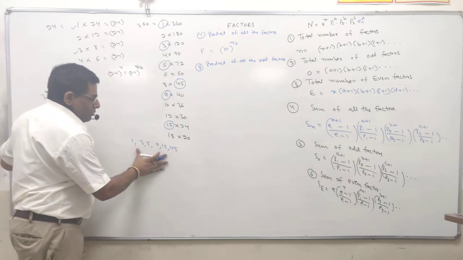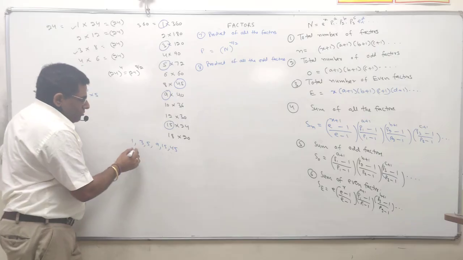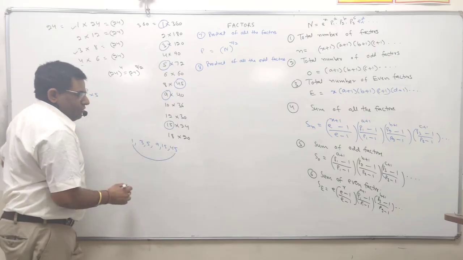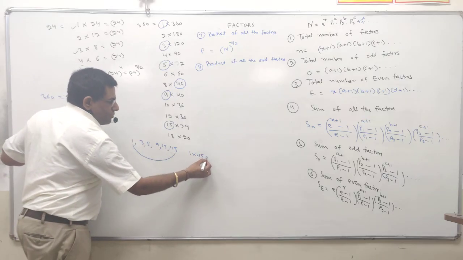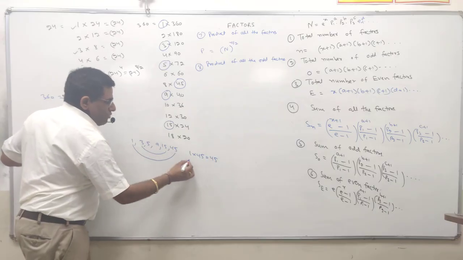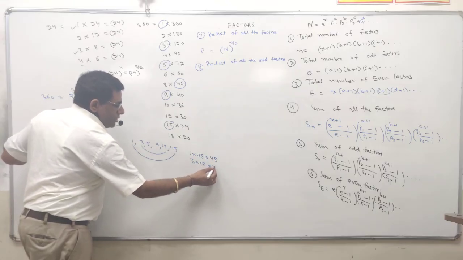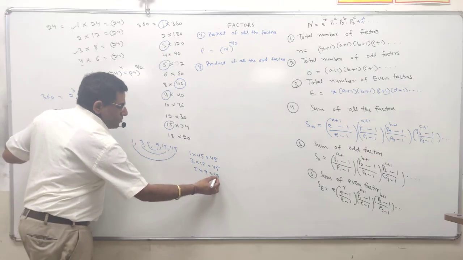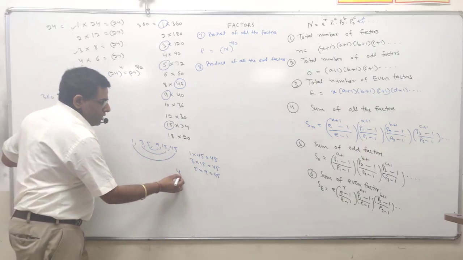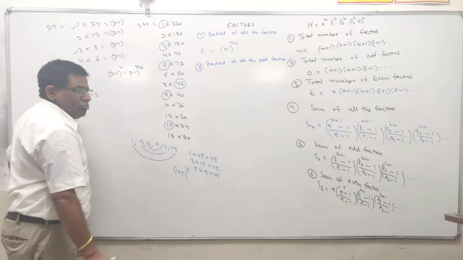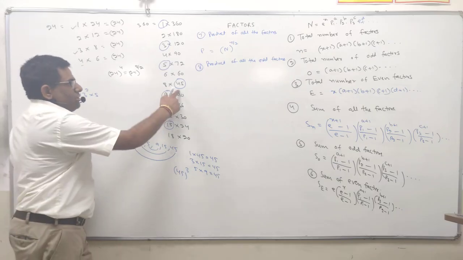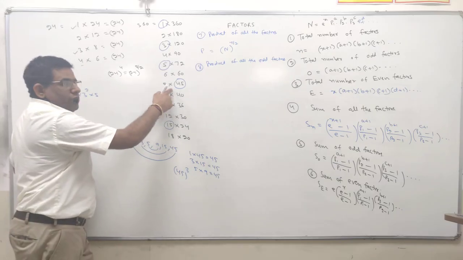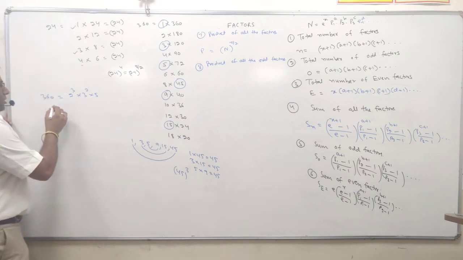We need to calculate the product of all these factors. What you are observing here is 1 into 45 is 45, 3 into 15 is again 45, and 5 into 9 comes out to be 45. So the product of all the odd factors in case of 360 becomes 45 cube. So what gives us an intuition?